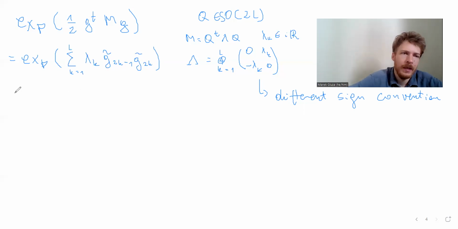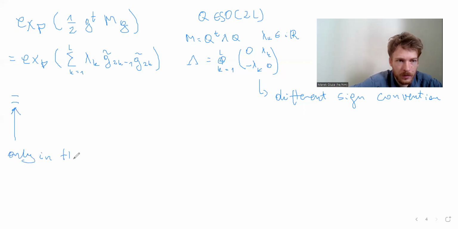That's the exercise. Now, the product is just taking the product of exponentials here. Yeah, which means that only with this convention, only in 1/2 and 0 lambda k minus lambda k 0 in the convention here, we will get a product.